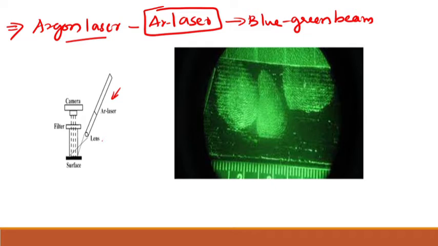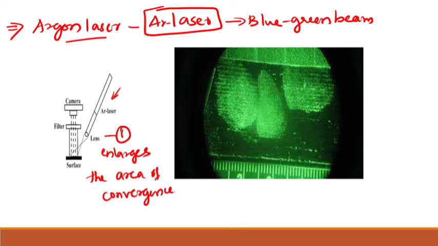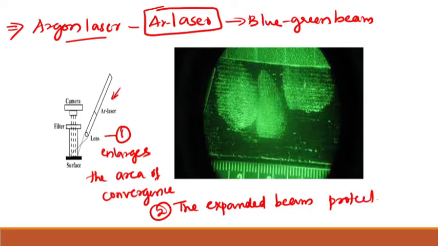It is mainly for two purposes. First, it enlarges the area of convergence, and second, the expanded beam protects the surface from burning.